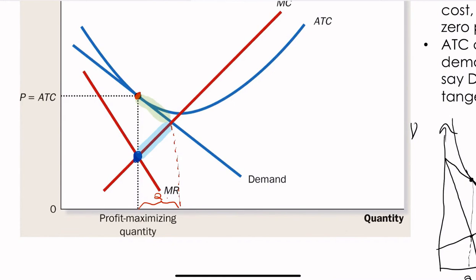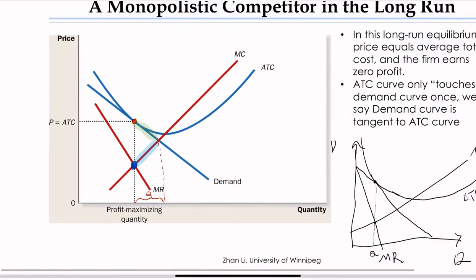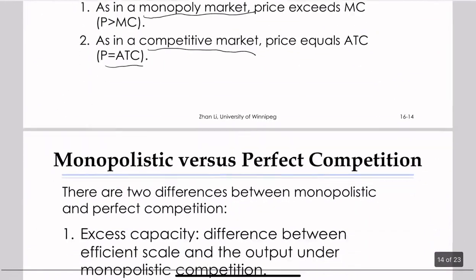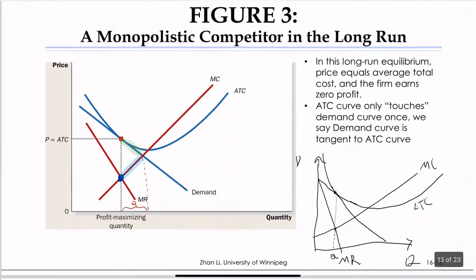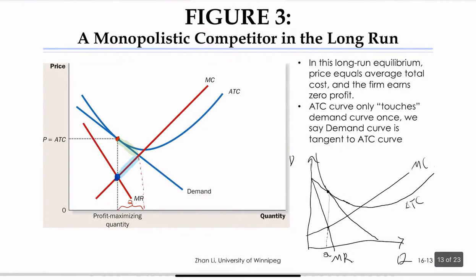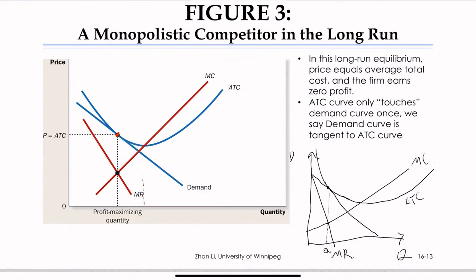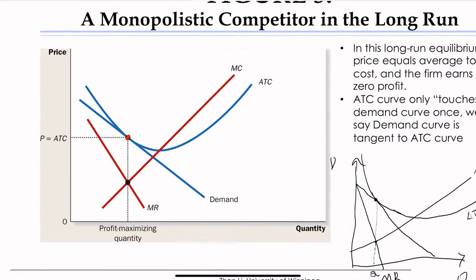However, because of this monopolistically competitive market, there's no trade happening between them. So this is a deadweight loss, and that's why there is inefficiency. By the way, if you are asked to measure the deadweight loss, it is essentially given by this triangle here.